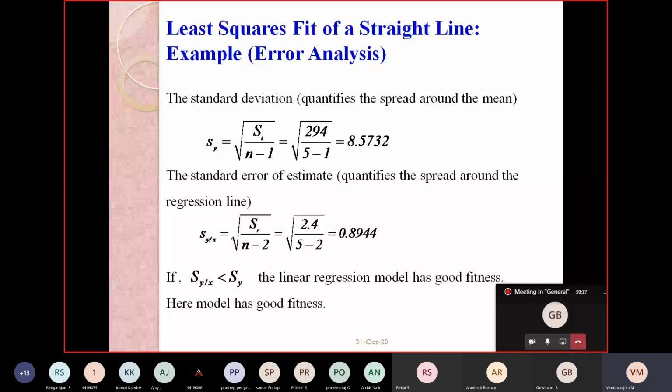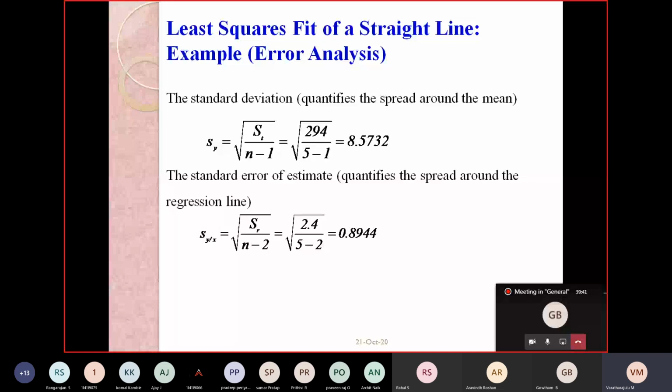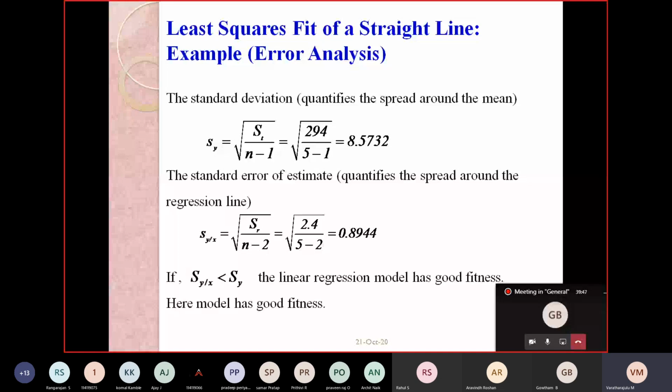Therefore, along with the two basic formulas, you need to have the values of St, Sr, Sy, and Syx. Please remember St, Sr, Sy and Syx. That is the information related to least square and the error minimization method.